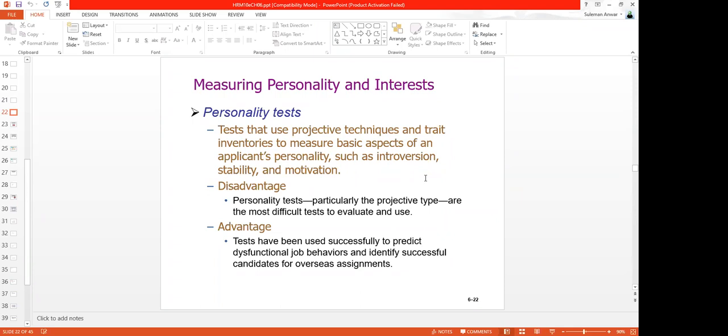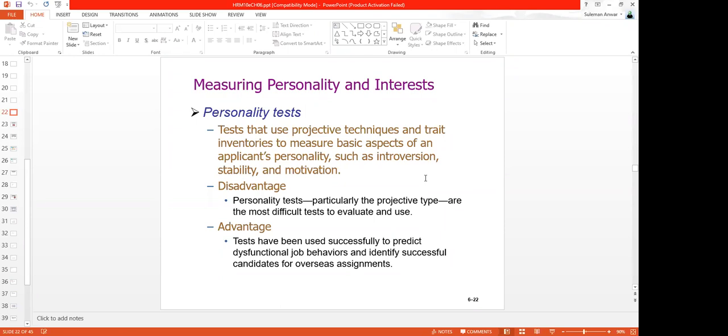So in the personality tests, it says tests that use projective techniques and trait inventories to measure basic aspects of an applicant's personality, such as introversion, stability, motivation. So there are so many aspects of personality which could be measured.